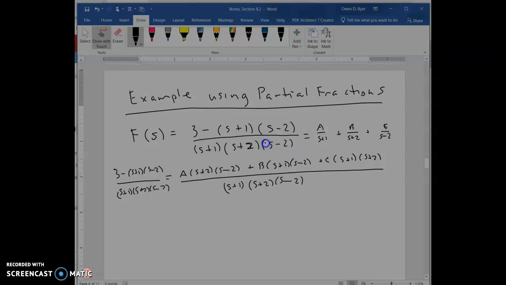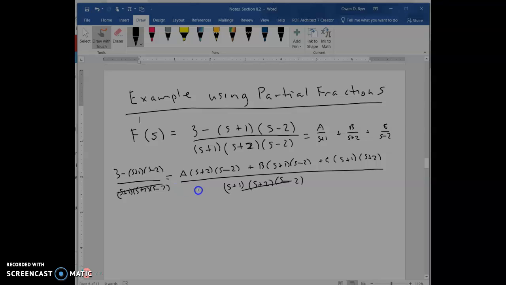So these should be valid for all values of s, and if the denominators are the same, we can ignore those, and we just set our numerators equal. Right? So we have this 3 minus (s+1)(s-2) equals a times all that plus b times all that, c times all that.